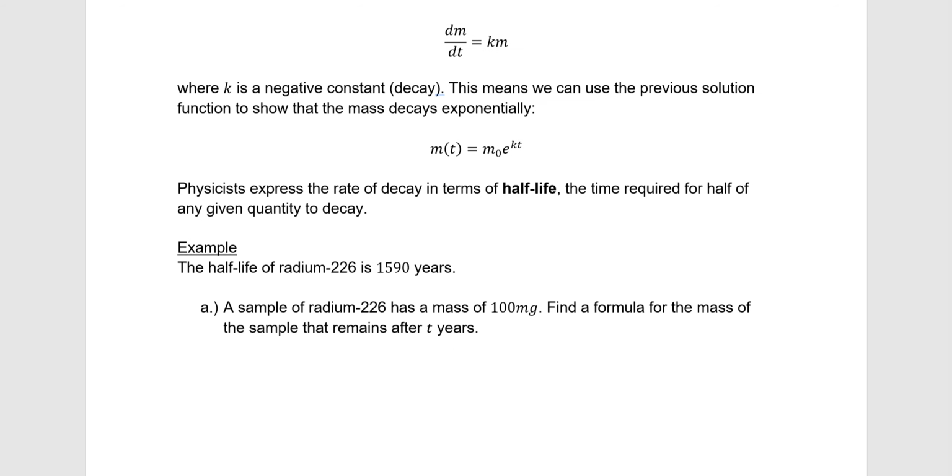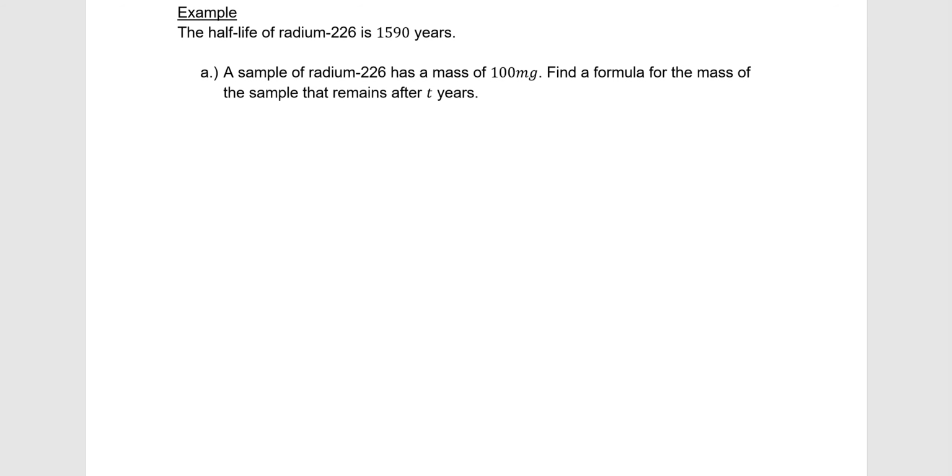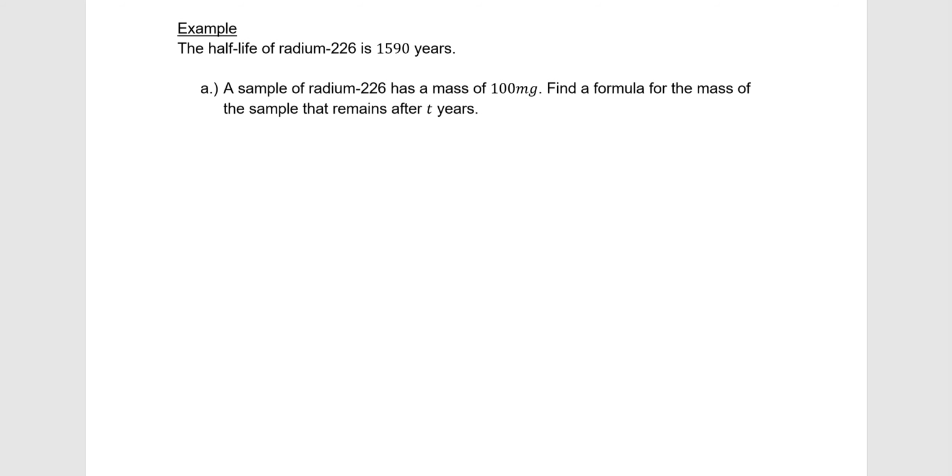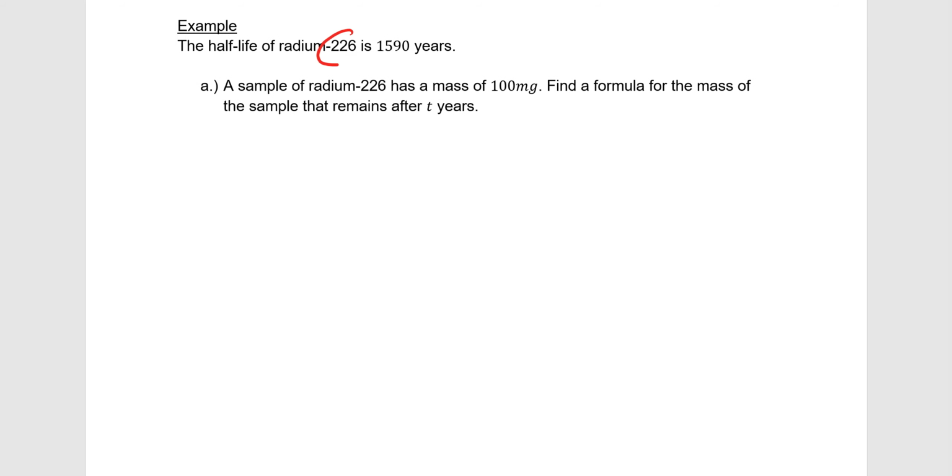So let's go ahead and see an example. So for example, the half-life of radium-226 is 1,590 years. Something we should keep in mind when doing these problems with radioactive decay, this number right here represents the atomic weight of the element radium. Radium-226, that is.